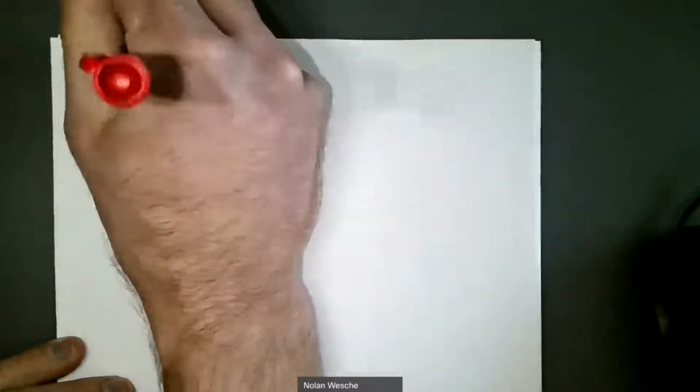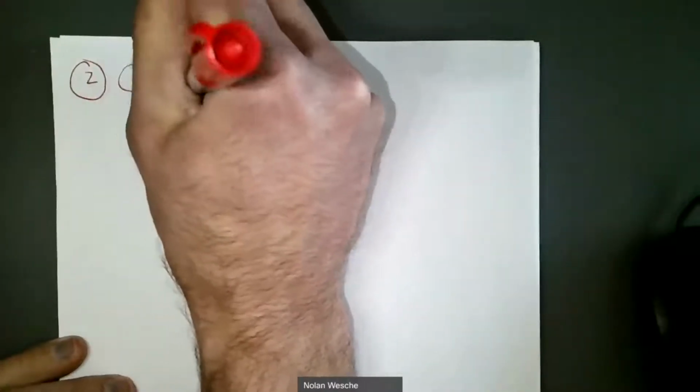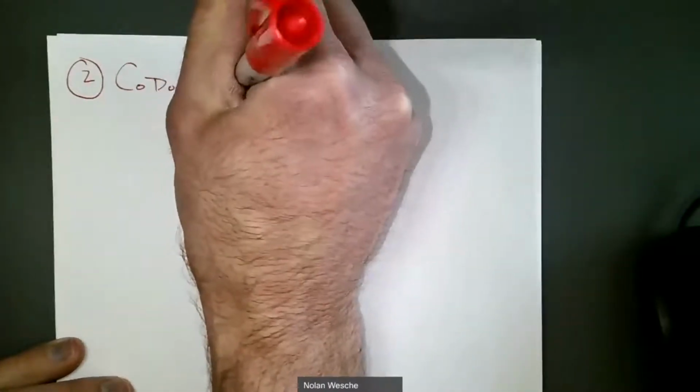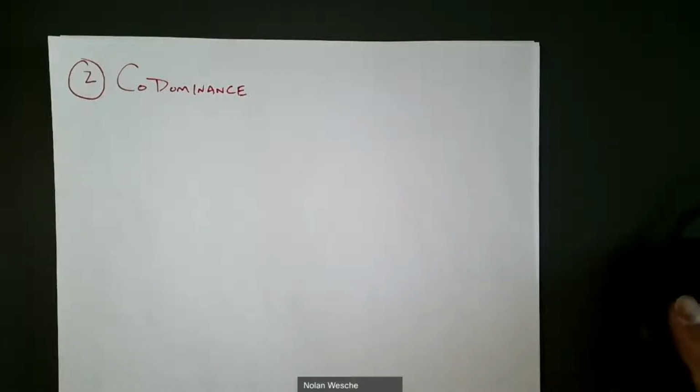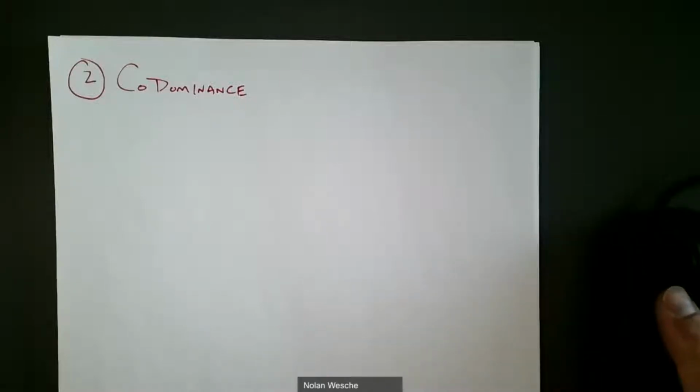Next, we're going to look at something called codominance. So we'll go ahead and make a note here. Codominance. And we'll go ahead and share our screen, and we'll look at the example.